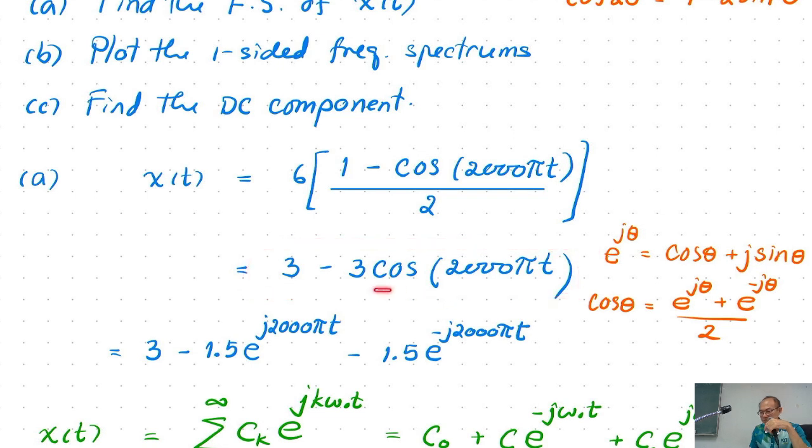This is just cosine 2000 pi t added by a constant, right? So the frequency is 2000 pi, right? If you don't believe me, you can always plot it. If you plot it, the graph will look like this.